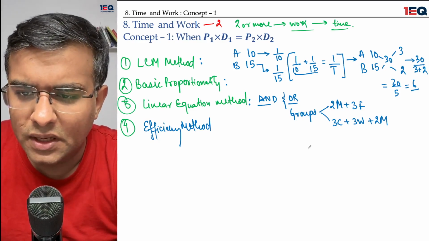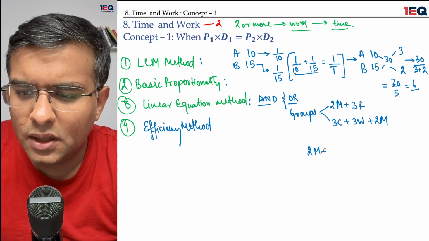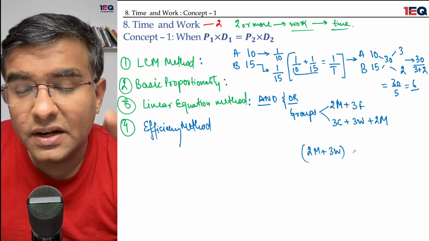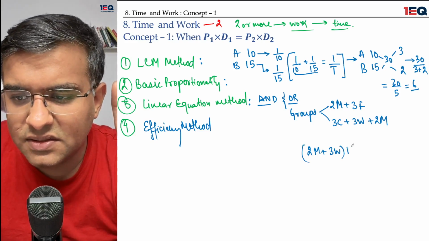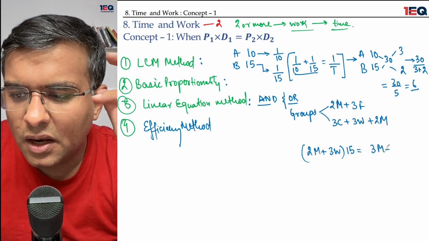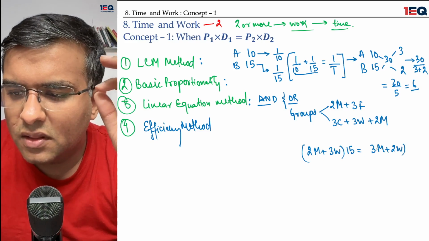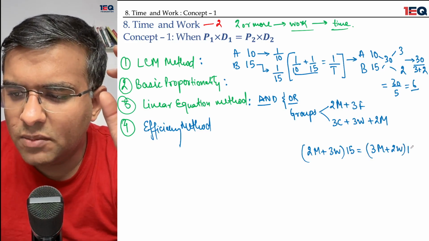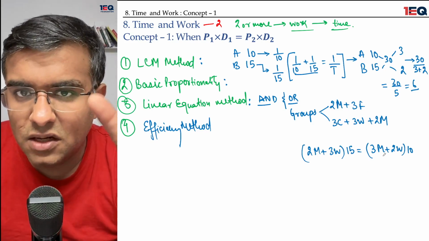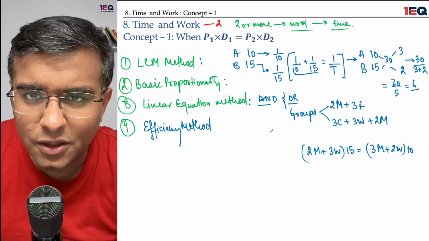Okay, so the work is being done in groups, and the question says it very clearly. The question says that two men and three women together can complete a task in, let's say, 15 days. Similarly, if I employ three men and two women, then the task can be finished in 10 days. Whenever this kind of situation comes in, you have to follow the linear equation method.